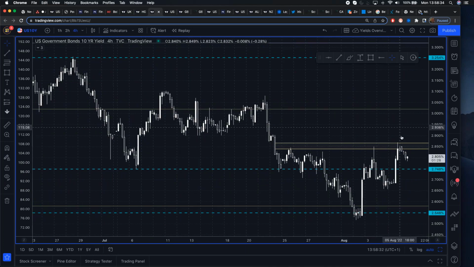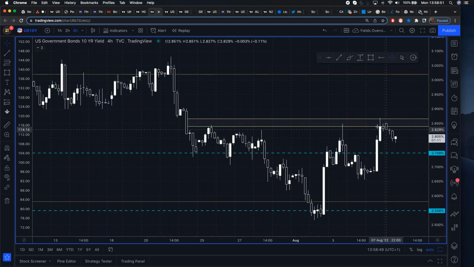If that level breaks, then that's more optimistic for that US dollar interest rate differential upside on a more aggressive Fed now expected in September. If it stays underneath that level, then it's bond markets telling you, actually, we're still worried about growth. Growth at the moment is going to be more important than inflation this week for now. But obviously both are important and both have the potential to really move the market.